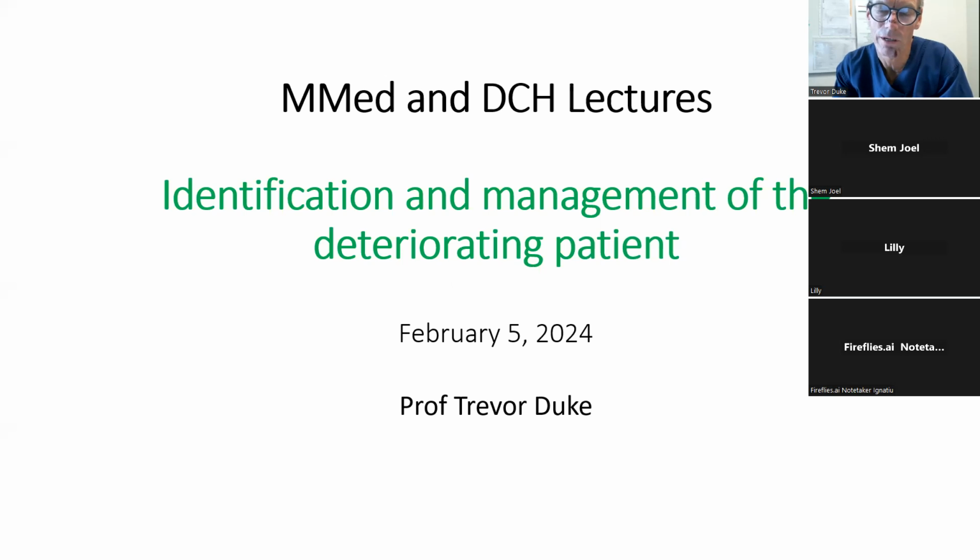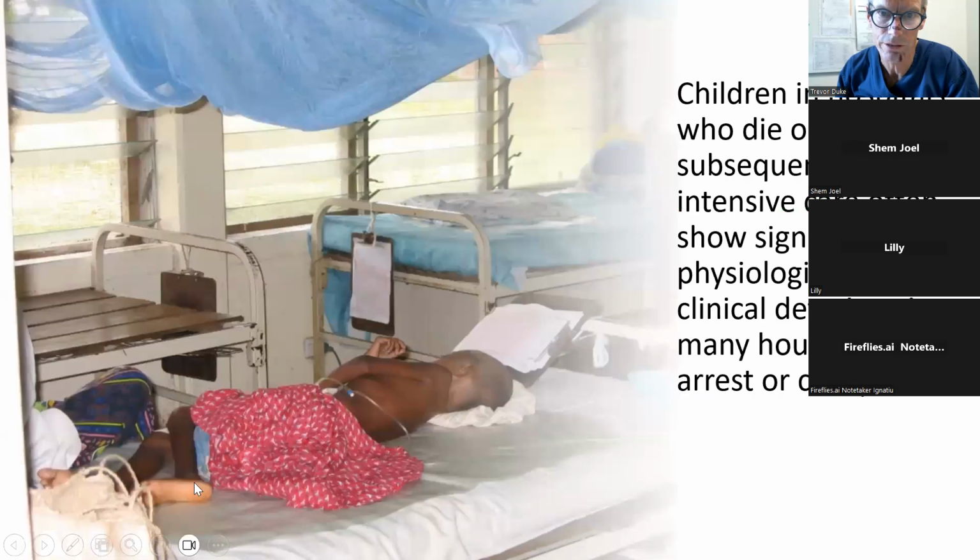So most hospitals around the world now have programs for improving quality of care and patient safety, and the identification and the management of the deteriorating patient is a very important part of that. How to identify children before they deteriorate to the point of having a cardiac arrest or a major deterioration or needing intensive care, for example. It's a major thing that we need to teach people how to do.